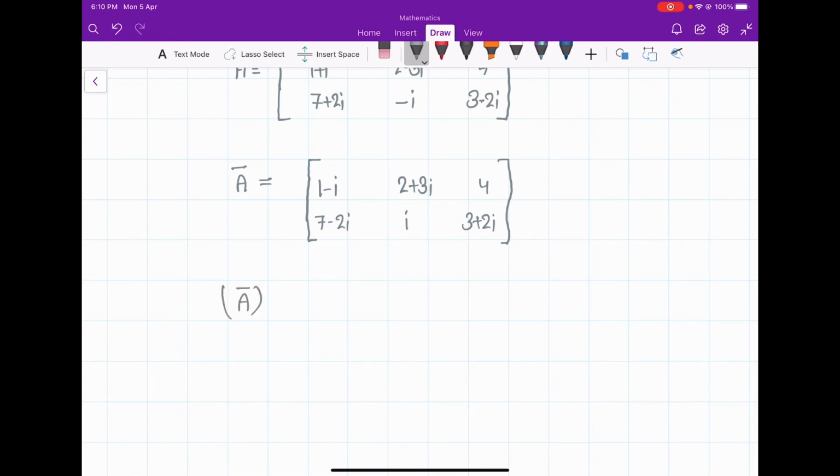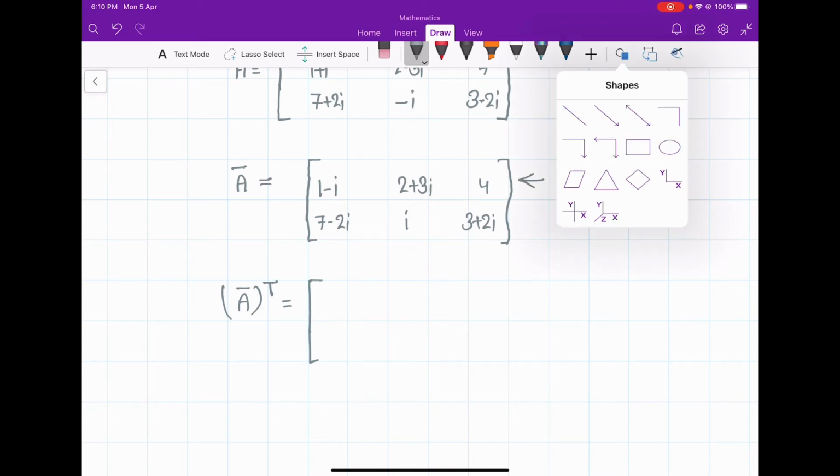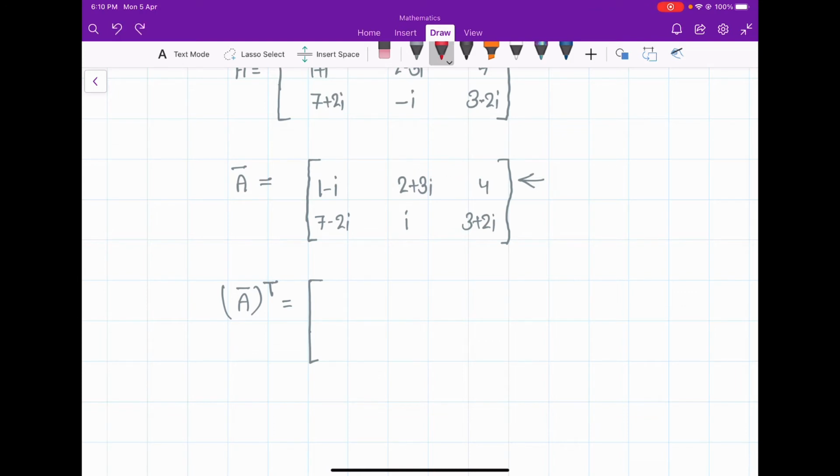Now the transpose of the above matrix, that is A theta, will be given by converting each row into a column. If we take this row and put it in a column, this will be 1 minus i, this will be 2 plus 3i, this will be 4, this will be 7 minus 2i, this will be i, this will be 3 plus 2i.